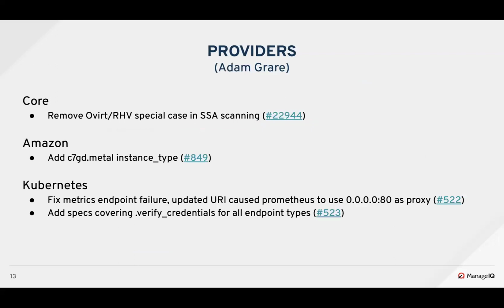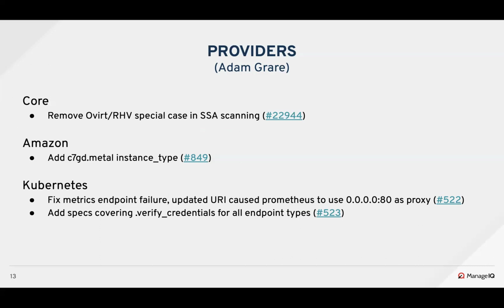For providers this sprint, Nasser was able to remove some special logic in SSA scanning as part of some of the fixes that he was doing in the oVirt and RHV provider. So we're able to delete some conditionals here in core, which is great. For Amazon, they added a new instance type. And for Kubernetes, we fixed a failure validating and using the Prometheus metrics endpoint.